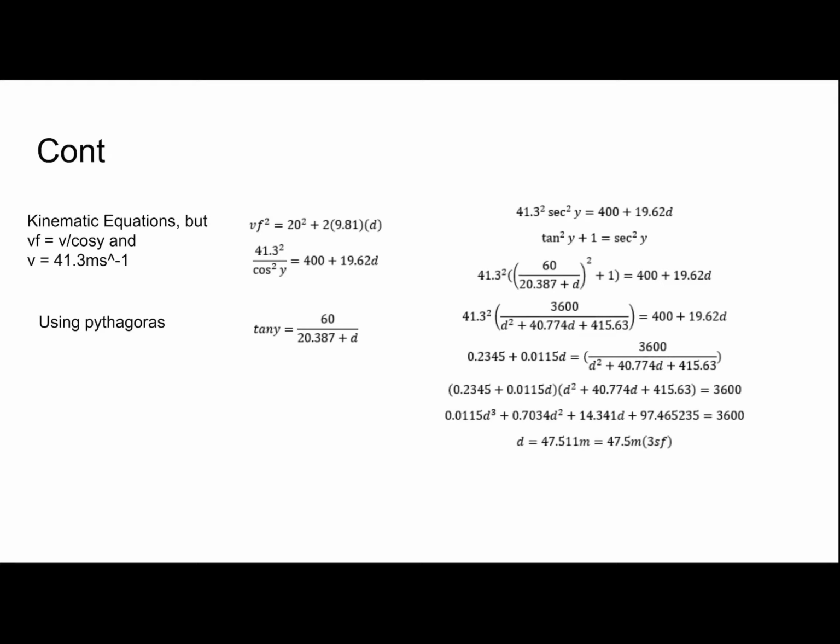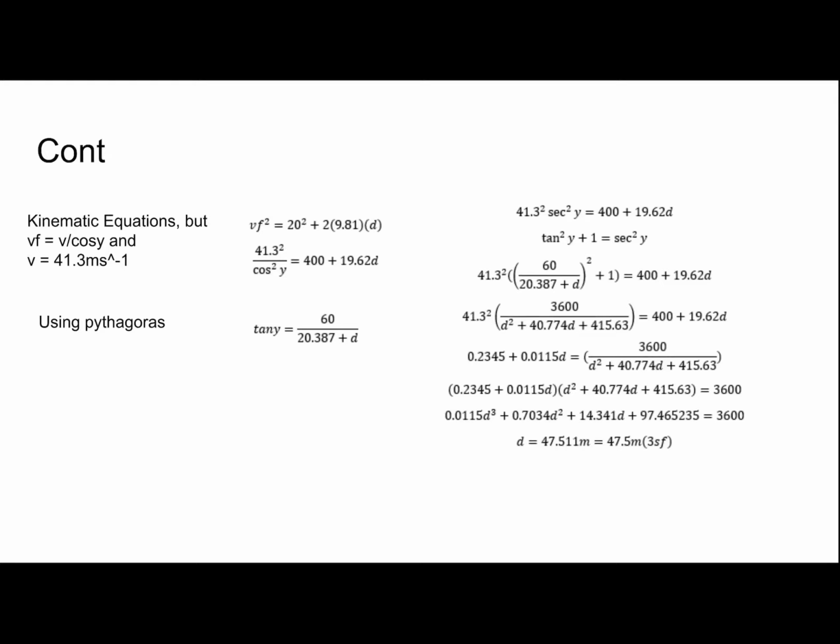So now we can just fully simplify the equation with d, and we can rearrange to find d. Because we have no other variables, we can just use a little bit of algebraic manipulation. So we need to square it, and then we divide both sides by 41.3 squared, and then we multiply both sides by the denominator, and then we subtract both sides by 360, and then we'll complete the cubic equation. So at this stage, you can just use your calculator.